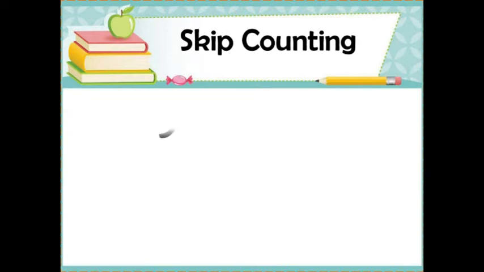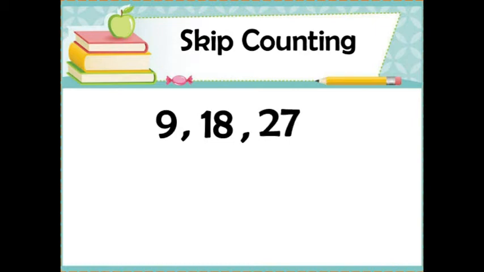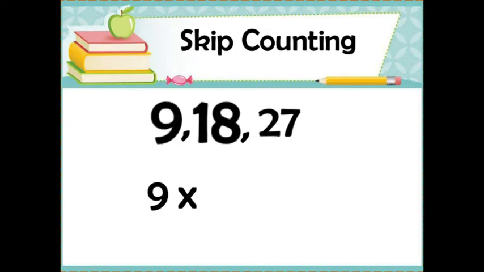So another one. We have here 9, 18, 27. So this is skip counting by 9. So we are just going to write number 9 and then the multiplication sign. And then we are just going to count how many times we skip count. We have 1, 2, 3.